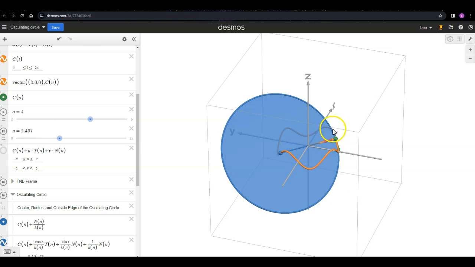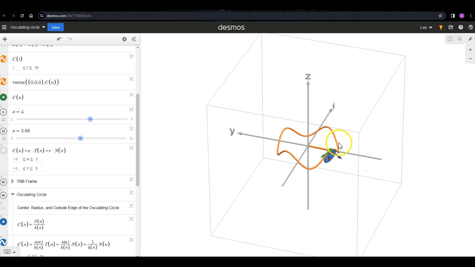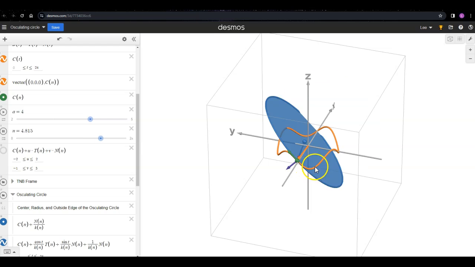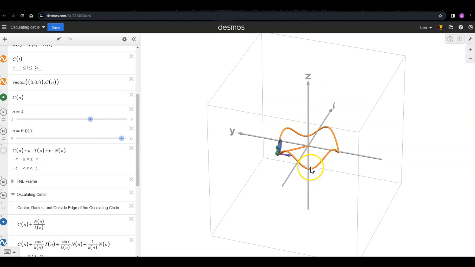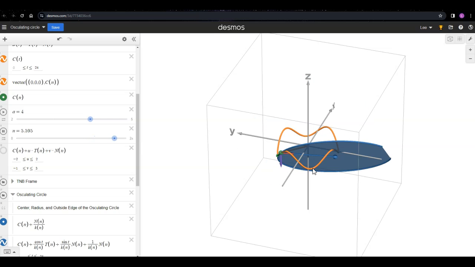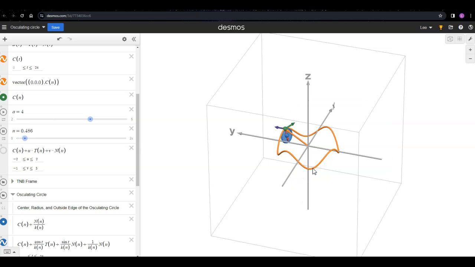But around these more curved sections, we're just going to get those smaller circles. Remember, when the radius of the circle is small, that means curvature is high. So high curvature means smaller circle, because the radii and curvature values have an inverse relationship.